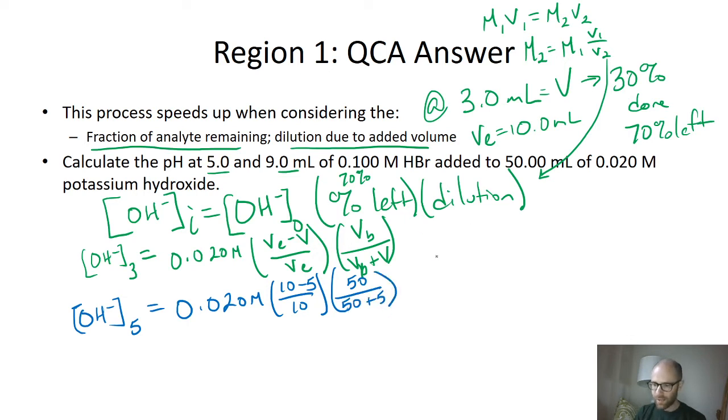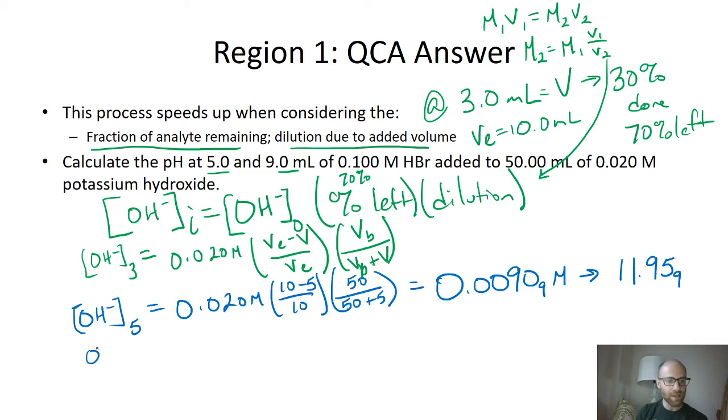Going through that calculation, you should get a hydroxide value of 0.00909 molar, which is a pH of 11.95. Again, pH went down slightly, which is good, from the 12.12 before.